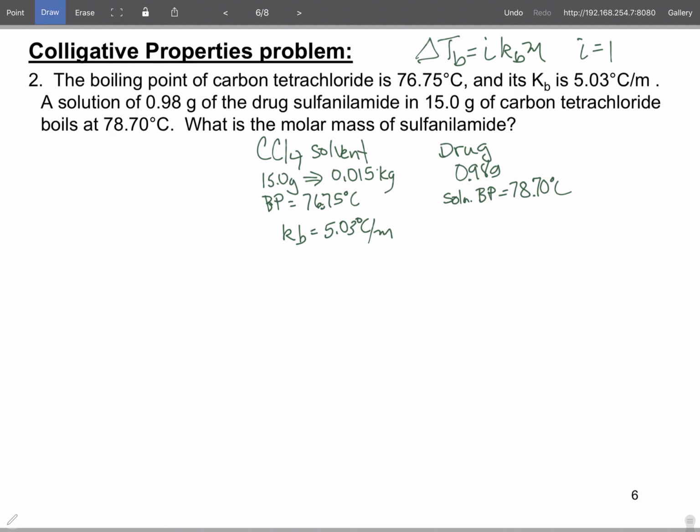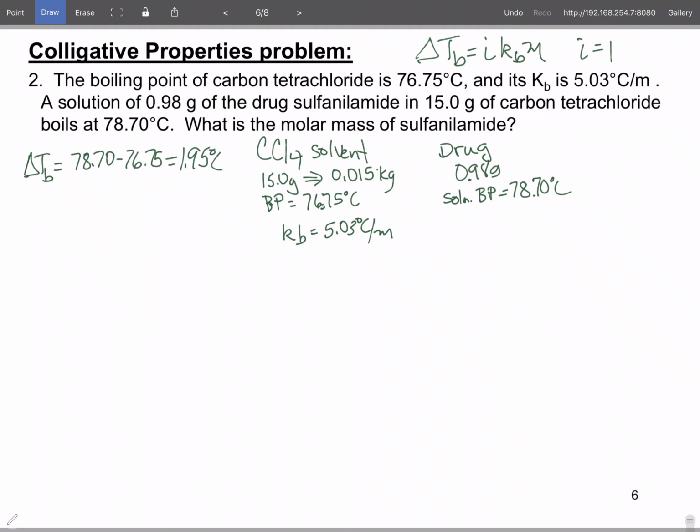So if we look at it, our delta T is going to be equal to 78.70 minus 76.75, which is equal to a whopping 1.95 degrees C, which is actually a lot.